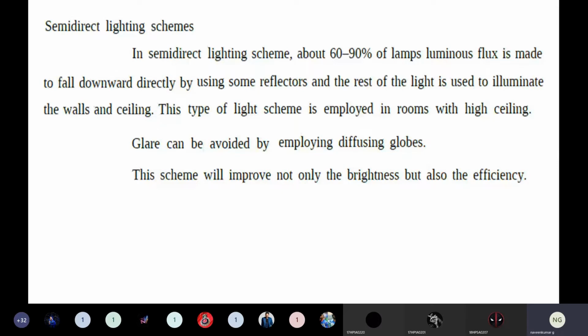Large dome structures, temples, mosques, large heighted churches, all these use semi-direct lighting scheme. So here we can avoid glare by employing diffusing globes around the lighting source. We will be having diffusing globes.